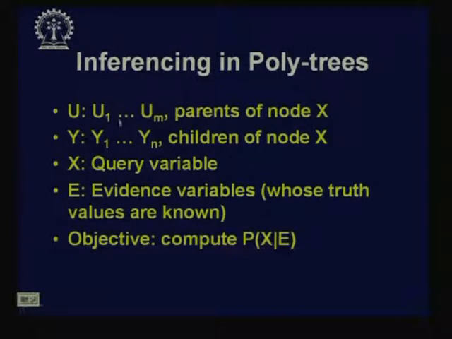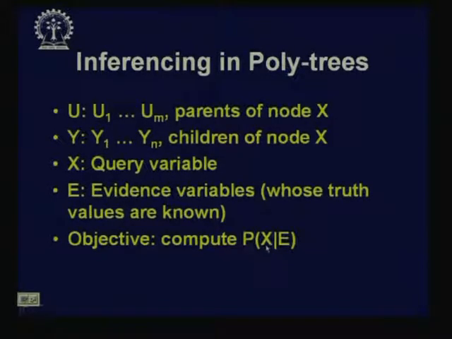Say, let us consider x to be a query variable. We want to know the probability of x given an evidence E. So, I know the probability of E and I want to know the probability of x given E, and x is my query.